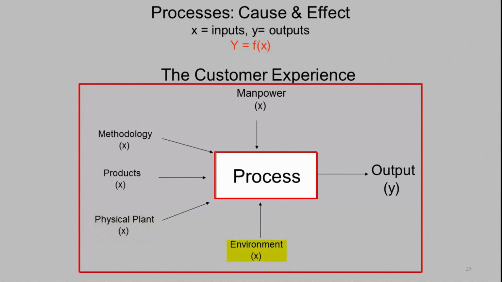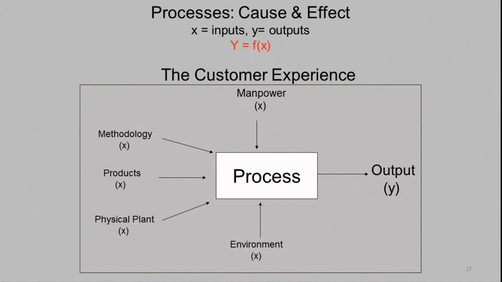Not environmental green considerations, although very important, but the operating environment, all of the players in the supply chain that we talked about. So this is a simplistic representation, but it drives home the idea that outputs are a function of inputs, and identifying what those inputs are helps create a process that maximizes the probability of gaining the outcome that we desire.